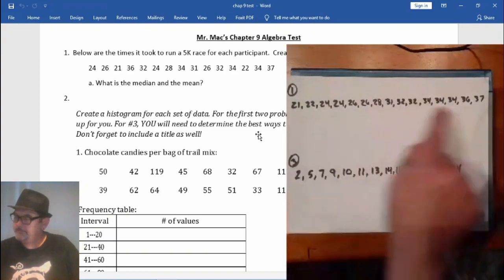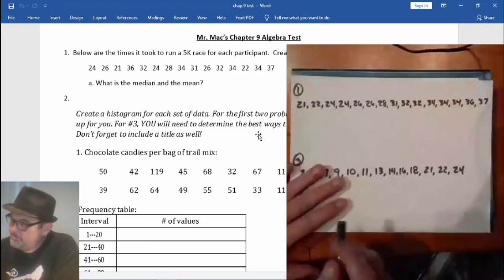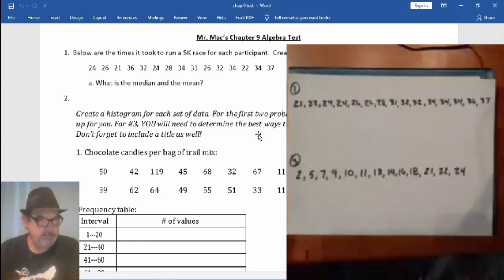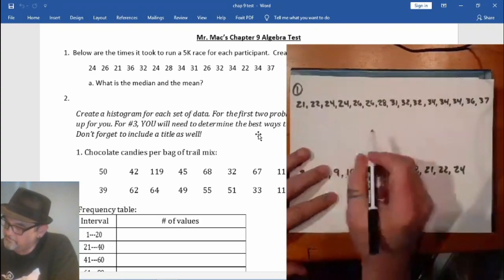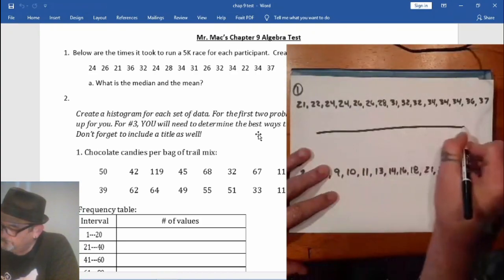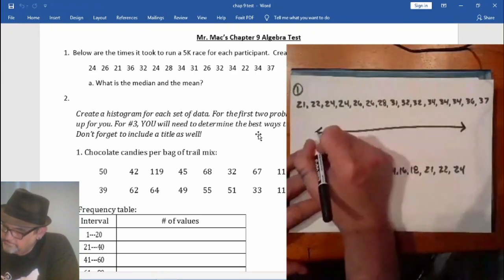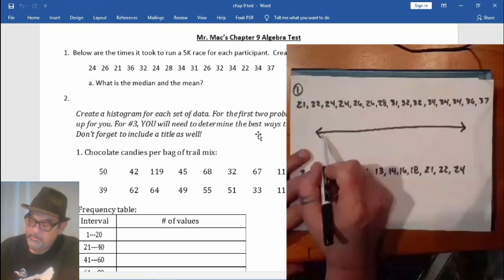all of the data here in order. So for you guys, I'm not going to do the complete dot plot, but you get the idea of what you would want to do. You go ahead and make your number line. And look, since it's starting at 21, you don't have to start yours at 0.